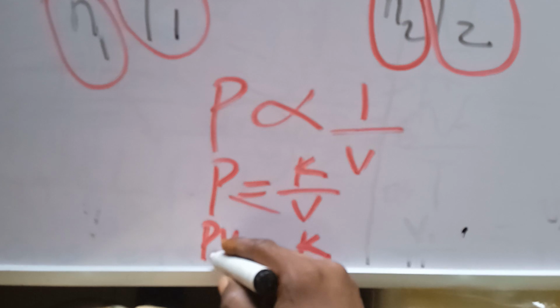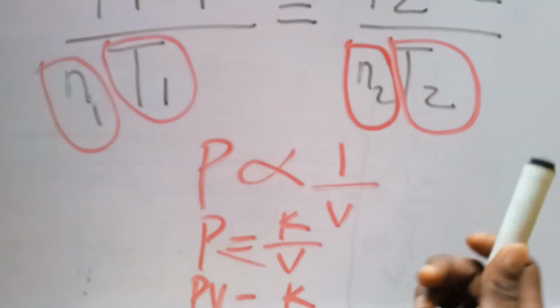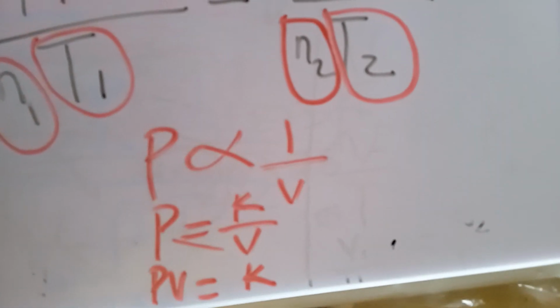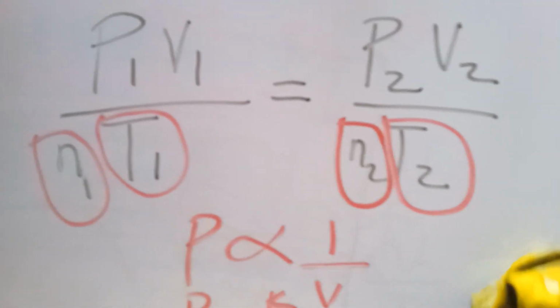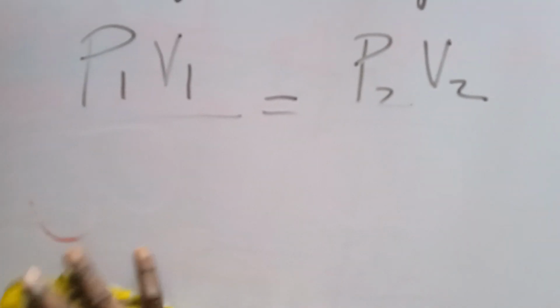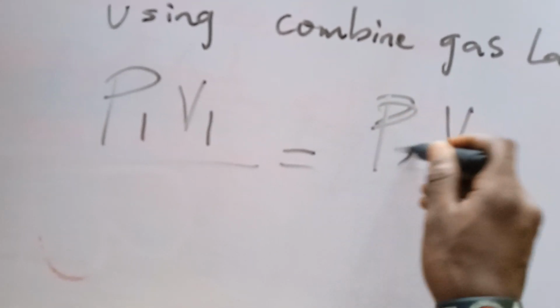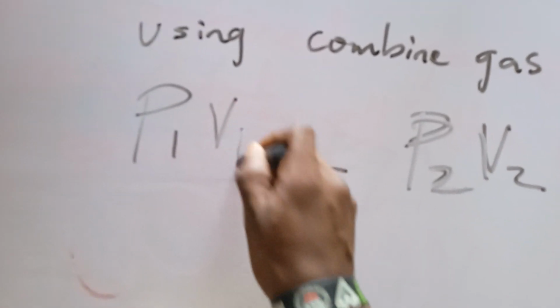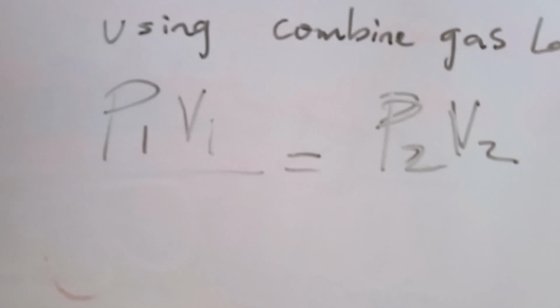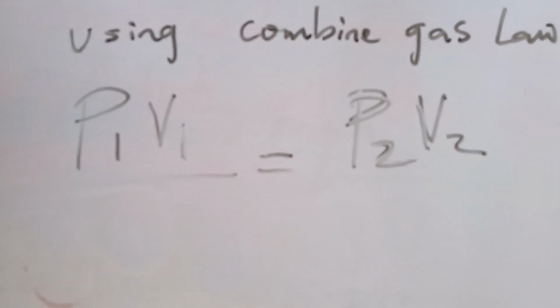Initial pressure and initial volume must equal final pressure and final volume, so that we have this. So this is the law. P1 V1 equals P2 V2, Boyle's law.